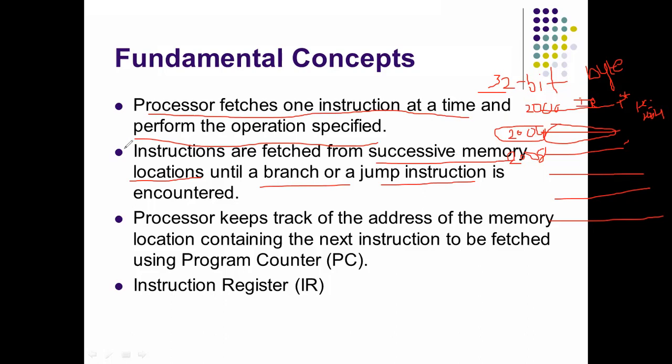Here, instructions are fetched from successive memory locations until a branch or a jump instruction is encountered. Suppose somewhere here some loop will be there, and at the second instruction we have the instruction jump up.